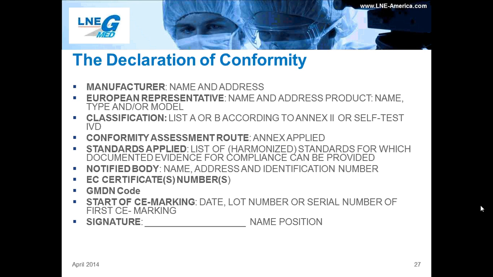And now in the U.S., the FDA has introduced the use of GMDN codes as part of their UDI rule. The start of CE marking information, date, lot number, or serial number of first CE marking, and of course the signature of the responsible party for the Declaration of Conformity.